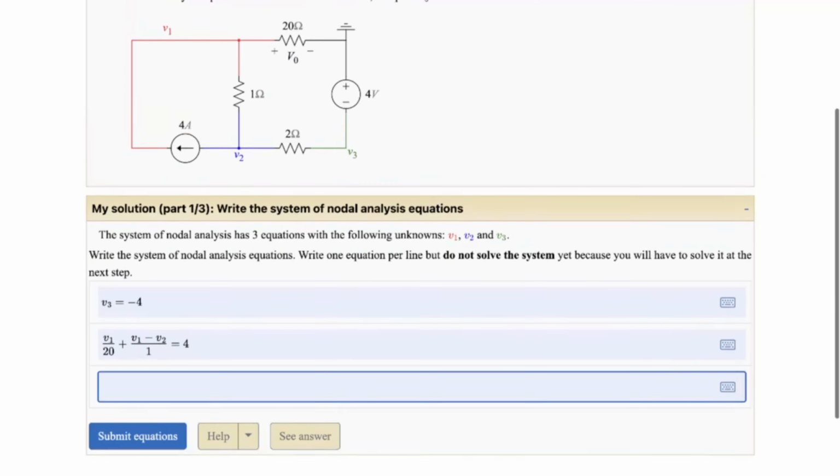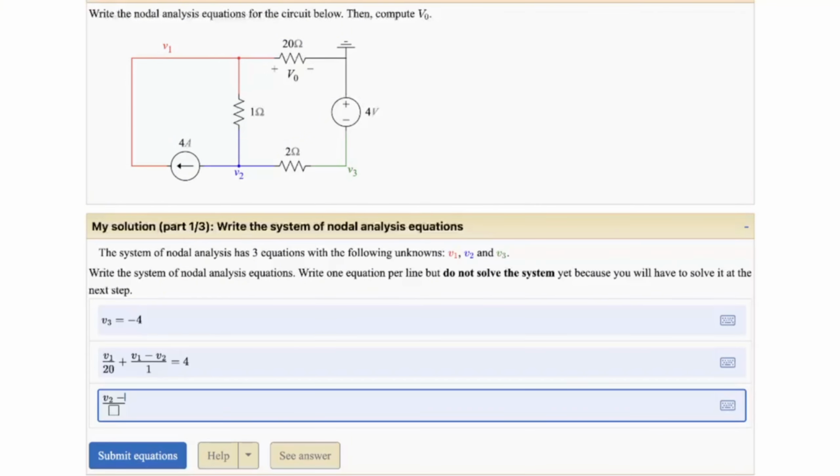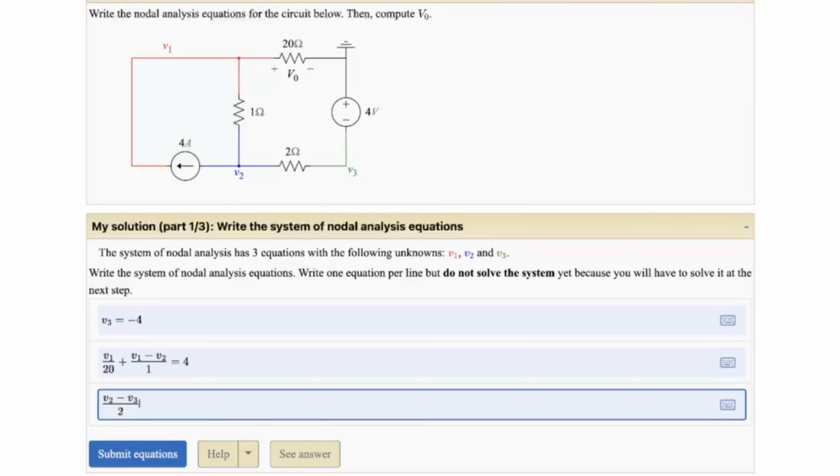Let's go to V2. From V2 to V3 over the 2 ohm resistance, we're going to get V2 minus V3 over 2. Next, from V2 to V1 over the 1 ohm resistance, we're going to add that. V2 minus V1 over 1 is just the same thing as V2 minus V1.